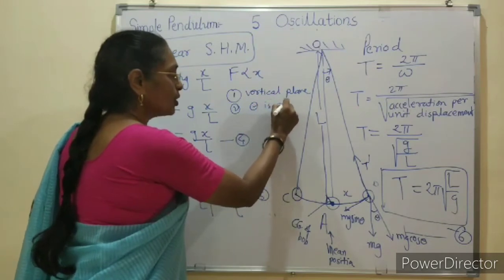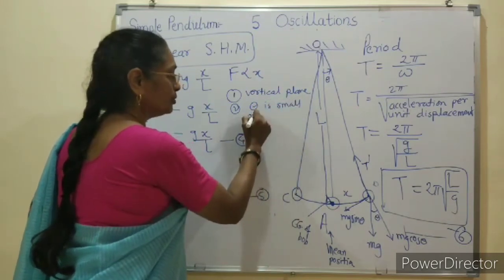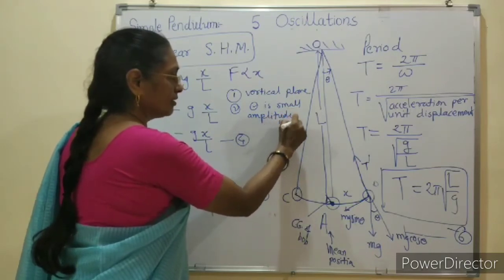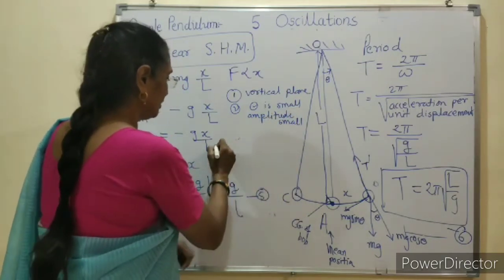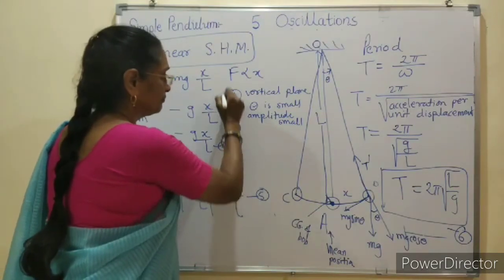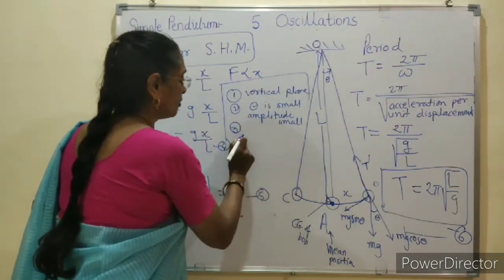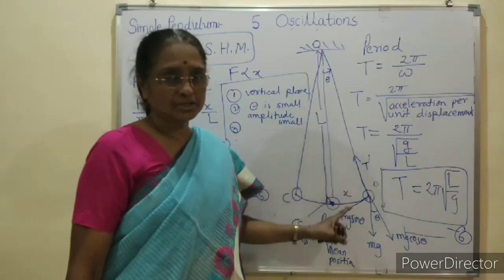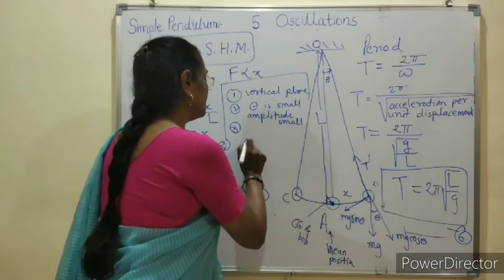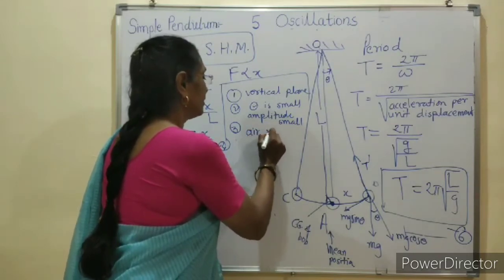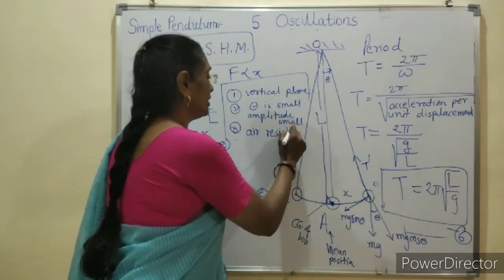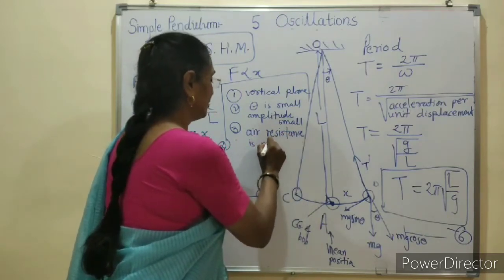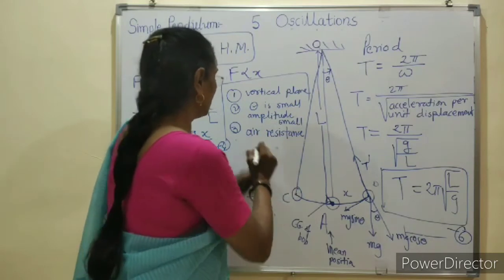Theta is small, means amplitude is also small, and here the third assumption we have not explained in the explanation, but that assumption is also there, that air resistance or air drag is small, or it is neglected, it is not considered.